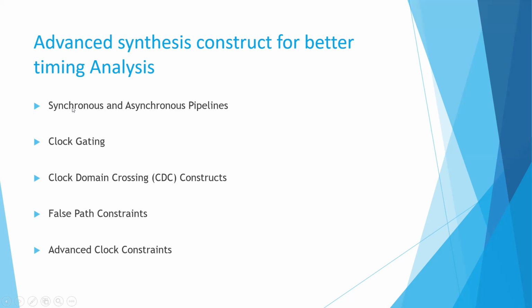So here, if we go for advanced synthesis constructs for better timing, then we can have different types of approaches like synchronous and asynchronous pipelines, clock gating, then clock domain constructs, false path constructs, and advanced clock constructs.